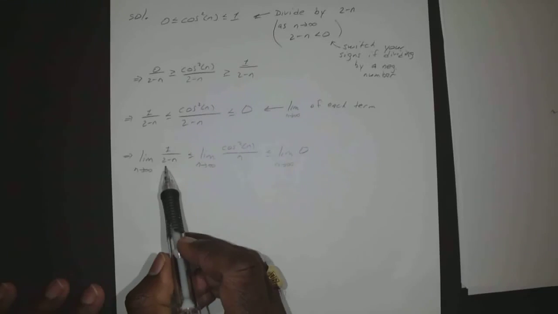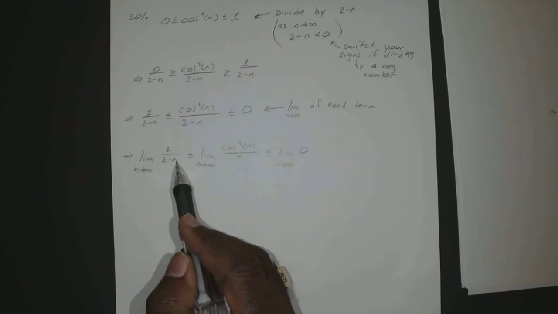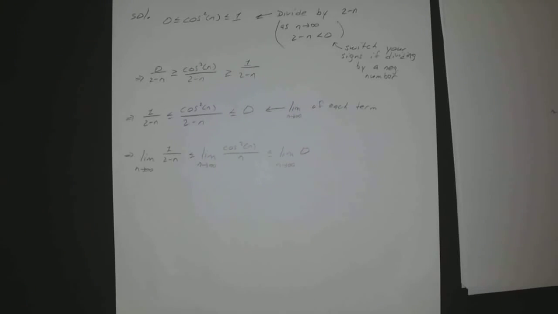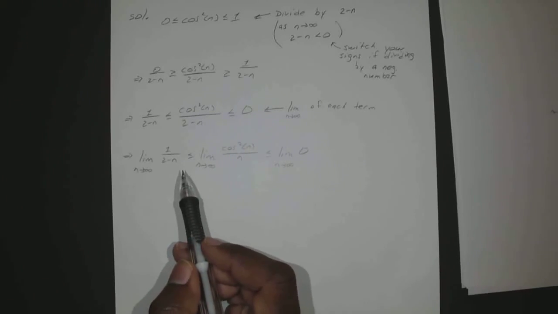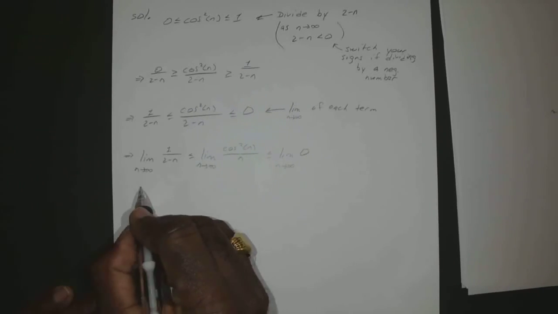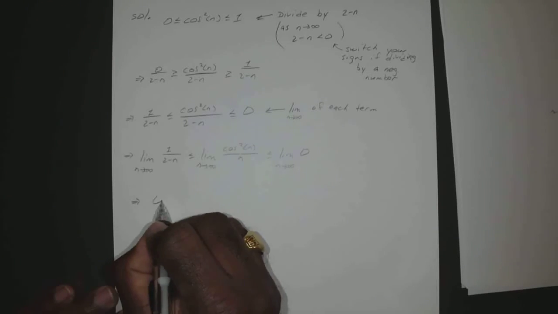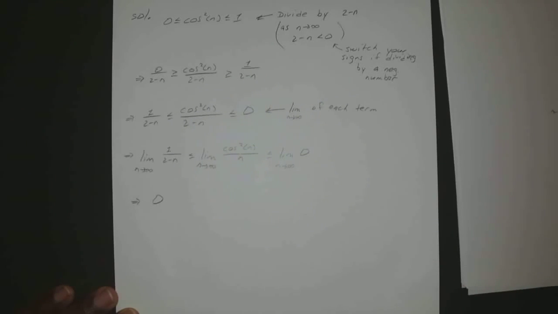Okay, so as n approaches infinity and gets bigger and bigger, you get a constant over something getting closer and closer to 0, but just from the negative side. So this is getting closer and closer to 0 from the negative side, but the limit is still just 0.